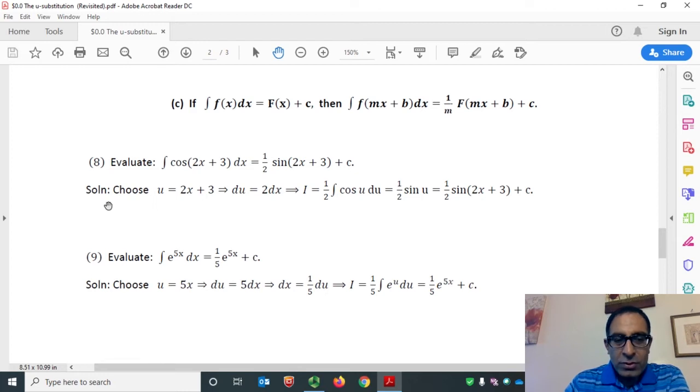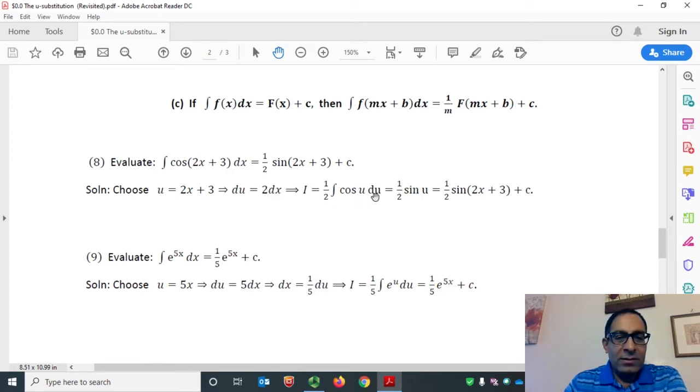Choose u equals 2x plus 3, take the derivative: du equals 2 times dx. Then divide both sides by 2, so dx equals 1/2 du. Rewrite the given integral. I equals the integral of cosine of (2x plus 3), which is simply u, and dx is 1/2 du.